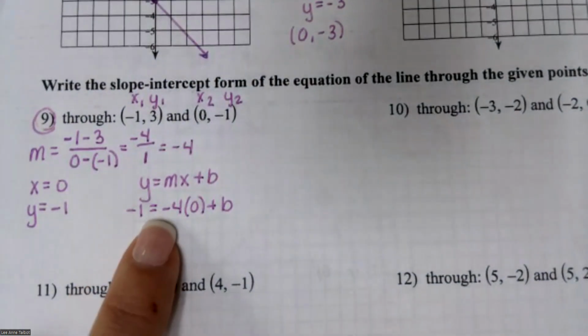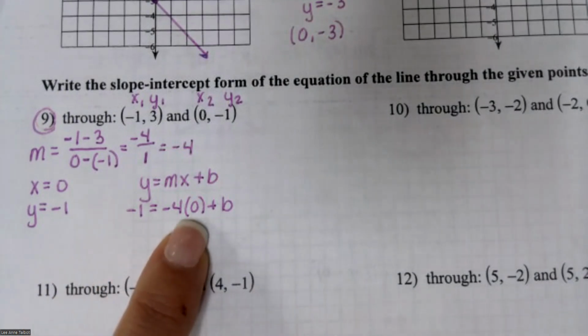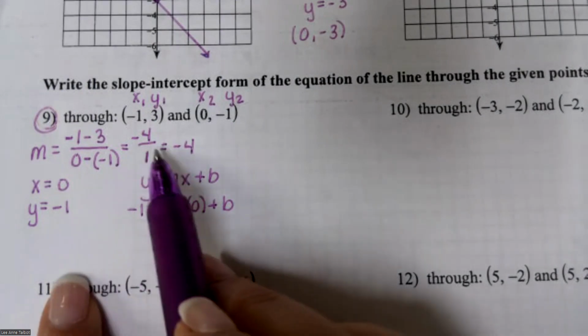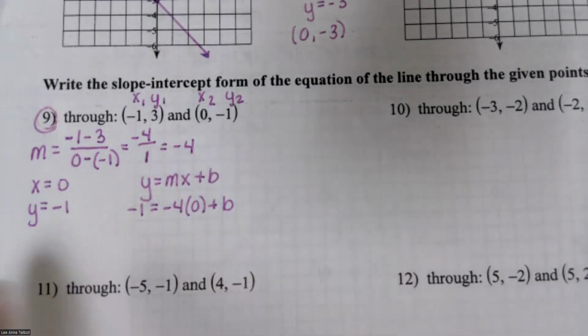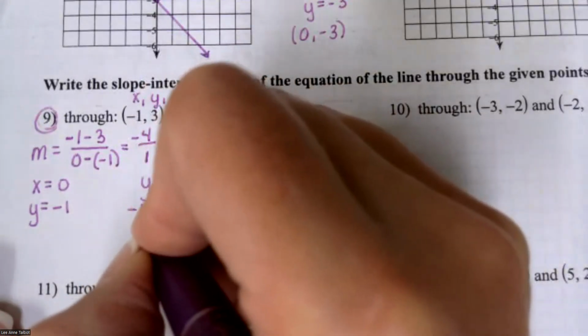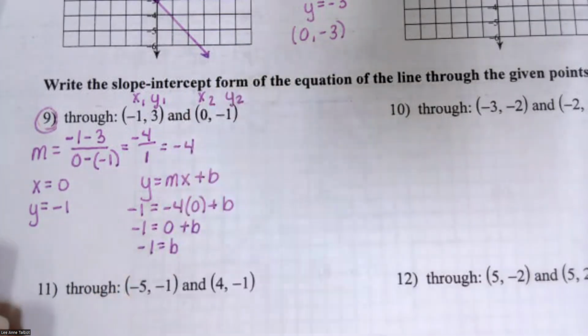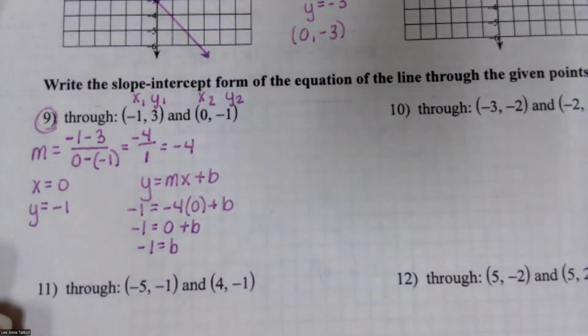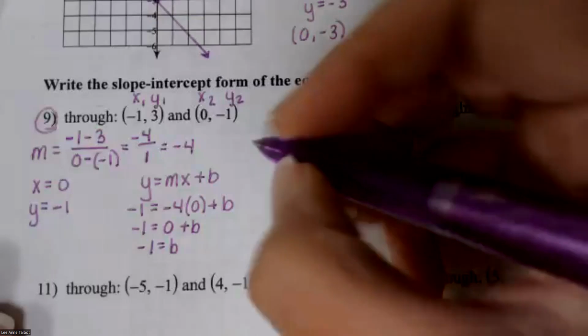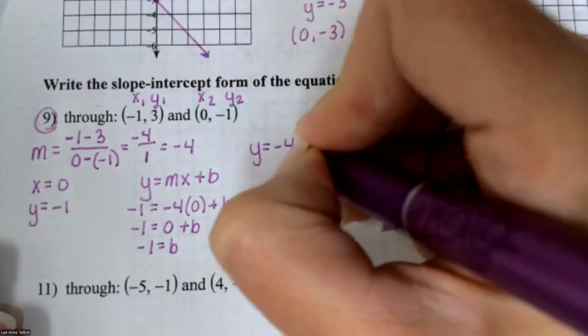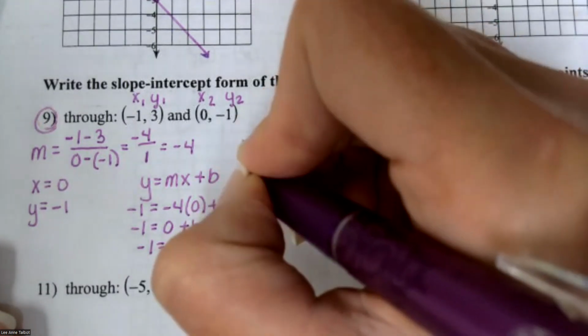Do you guys see where I got the -1, -4, and 0 from? Are you sure? Here's the -1, here's the -4, and there's the 0. Okay, final answer, y equals -4x minus 1.